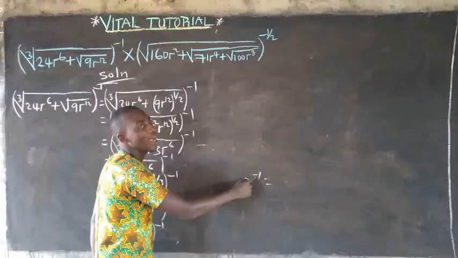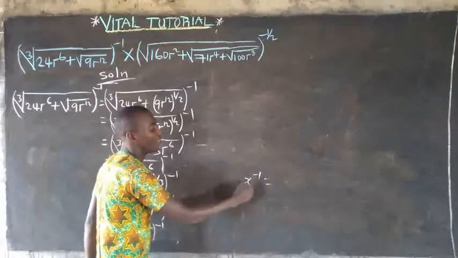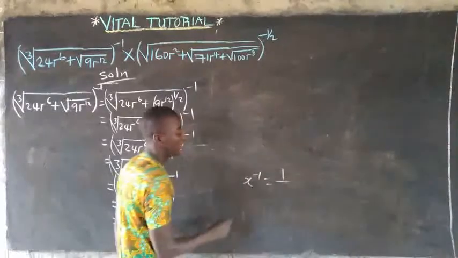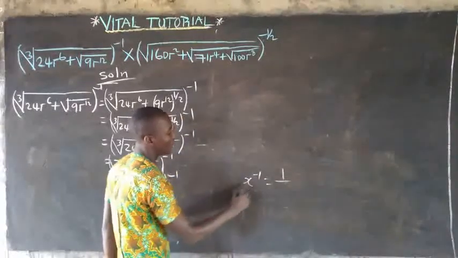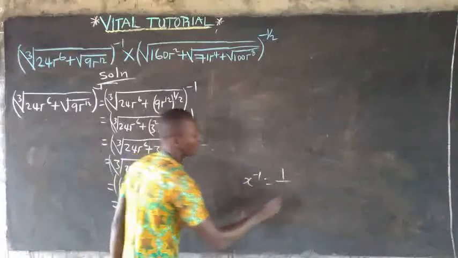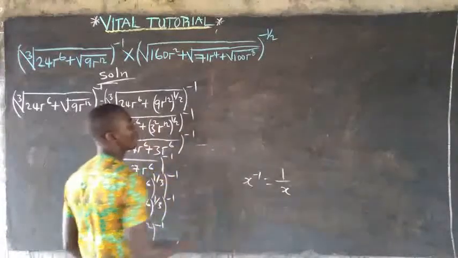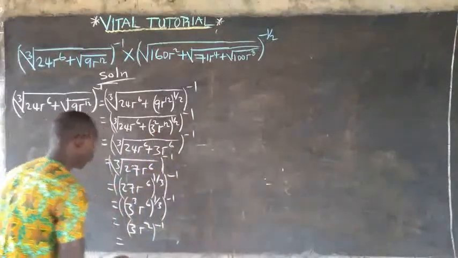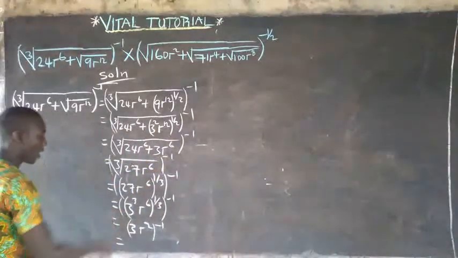Anytime you see a minus, a negative, in indices, it just means 1 all over. Then you'll be left with s and 1. That means s raised to the power of 1 is s. So this is nothing but 1 all over s. So this minus will be 1 all over.